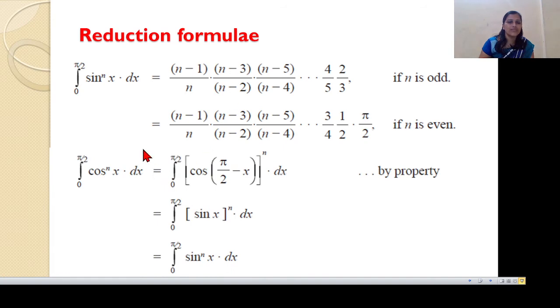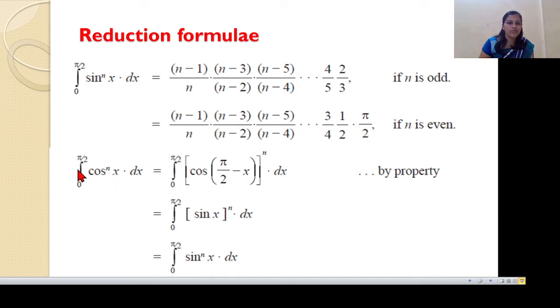And if the integral is 0 to pi by 2 cos raised to n x dx, then everyone knows the relation between sine and cos: cos of pi by 2 minus x is sin x.